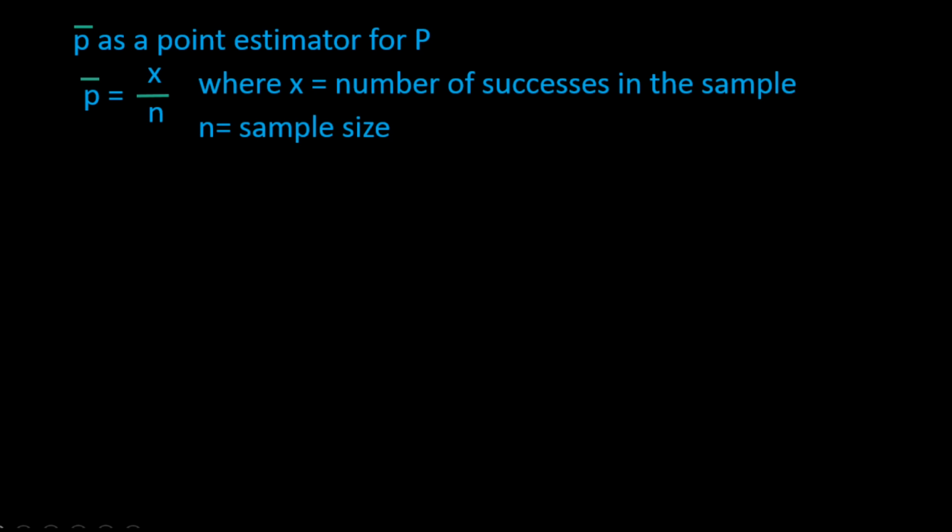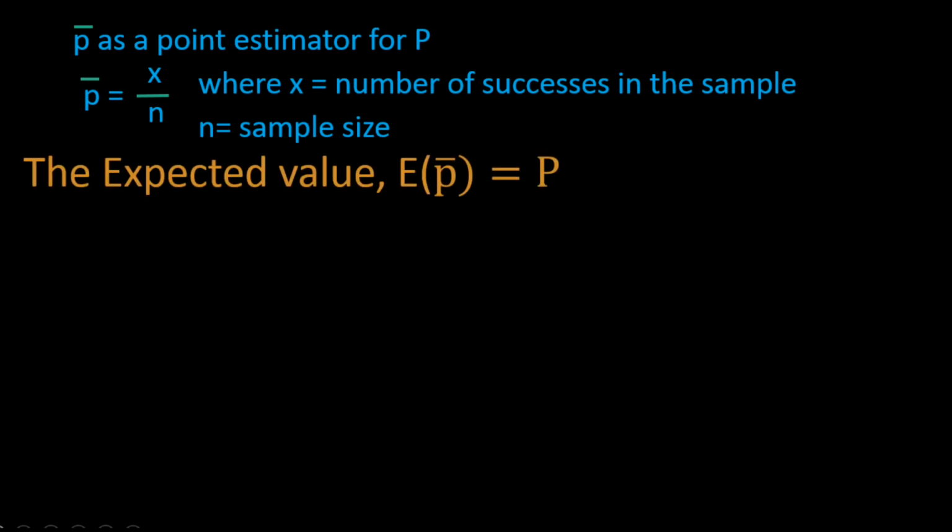To calculate the expected value of p bar, we use the following formula. The expected value of p bar, E of p bar, is equal to p. That means that the expected value of p bar is equal to the population proportion p. The standard deviation of p bar is calculated in the same way as the standard deviation for x bar.